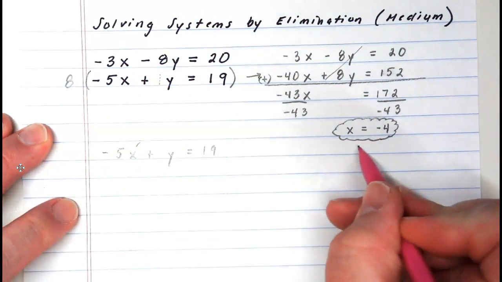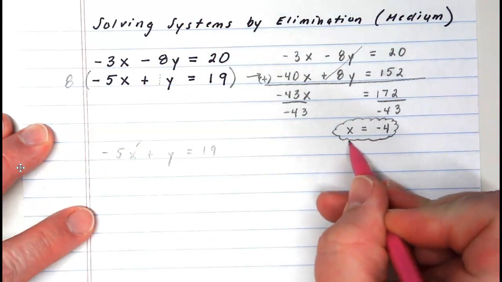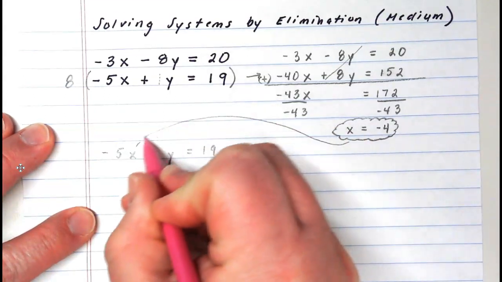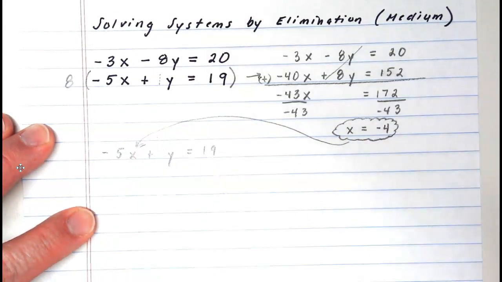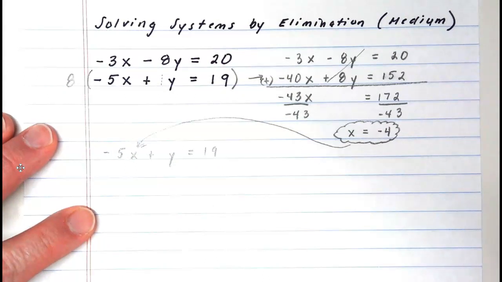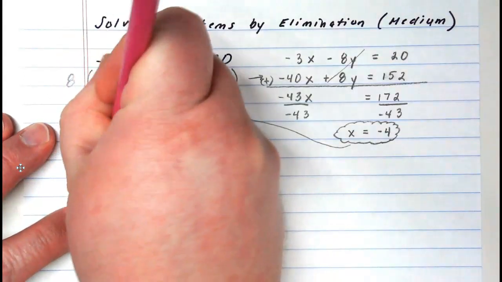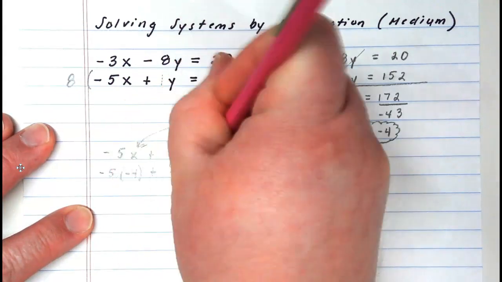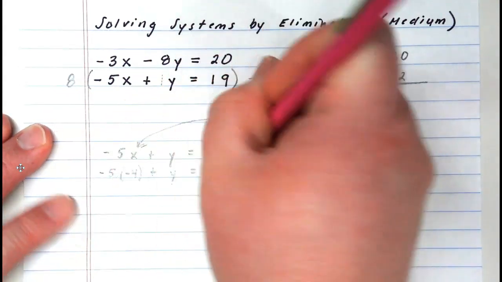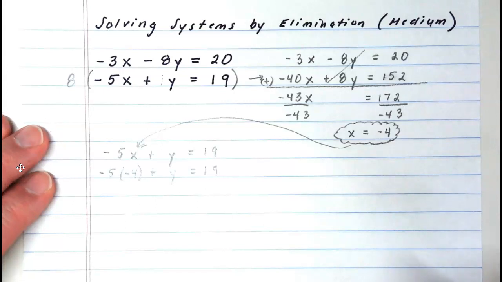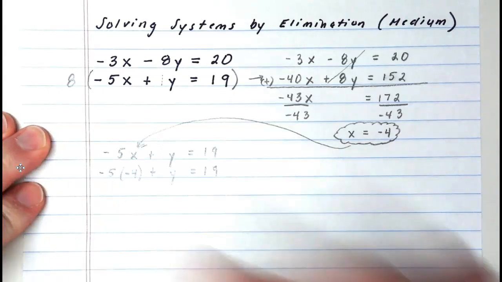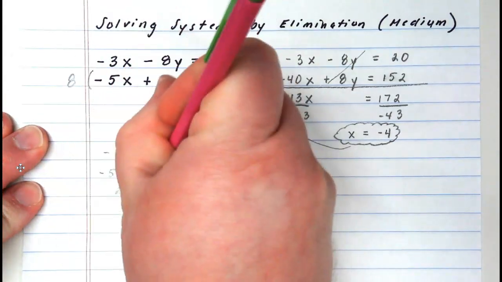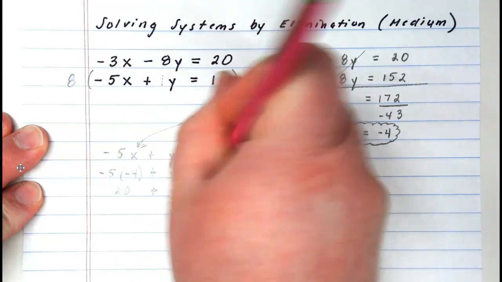So now I'm going to take this negative 4, which was our x, and substitute it in here, where it's being multiplied by negative 5. So this is negative 5 times negative 4 plus y equals 19. So negative 5 times negative 4 is 20. So now we have 20 plus y equals 19.